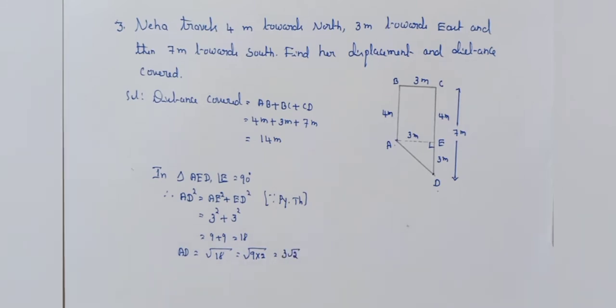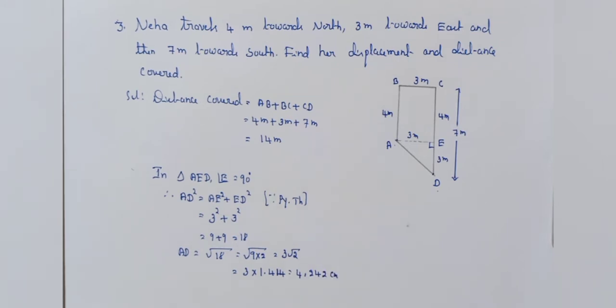So we can substitute 1.414 in place of root 2. 3 into the value of square root of 2 is 1.414. So multiply 3 into 1.414, that is 4.242 centimeter.